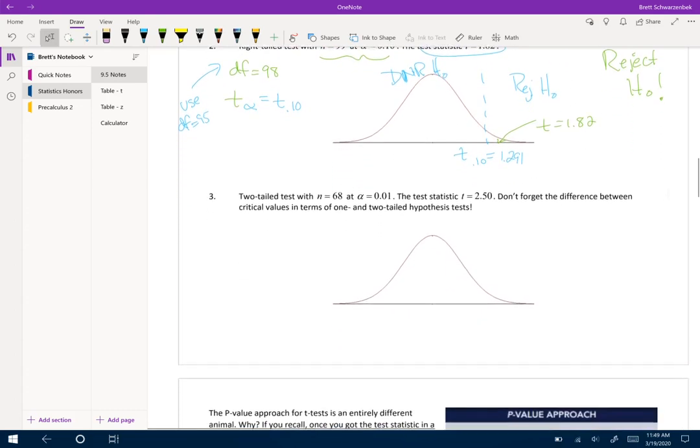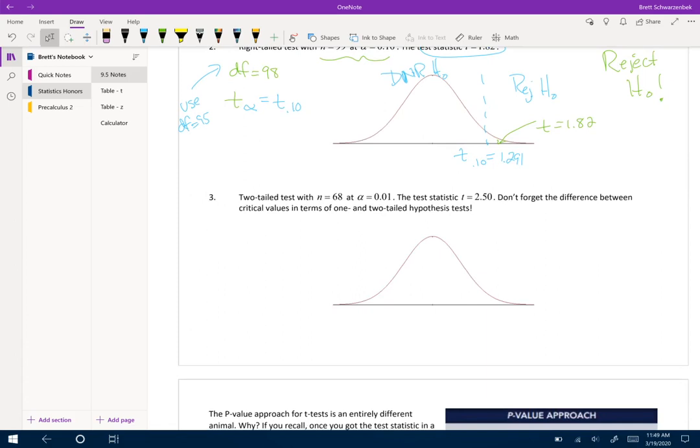So what happens when we move to a two-tailed test? Recall that for a two-tailed test, the degrees of freedom does not change. So we are going to have degrees of freedom equal to 1 less than 68, which is 67. But the big change in a two-tailed test is that we're now using positive and negative t sub alpha over 2.